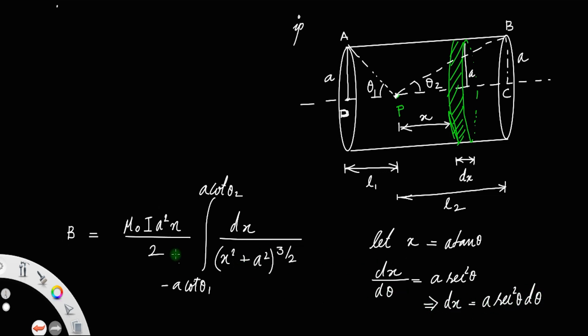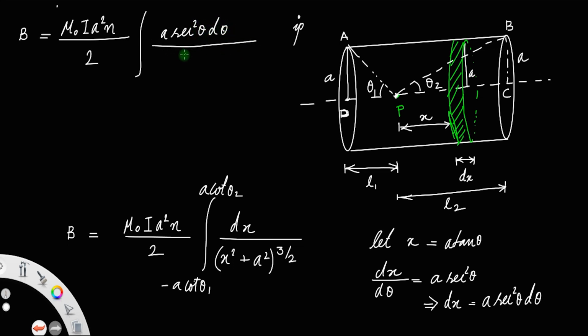Let me put this into the equation. Therefore, B is equal to mu 0 I a square n by 2 integral of a sec square theta d theta divided by (a tan theta) whole square plus a square, whole raised to 3 by 2.